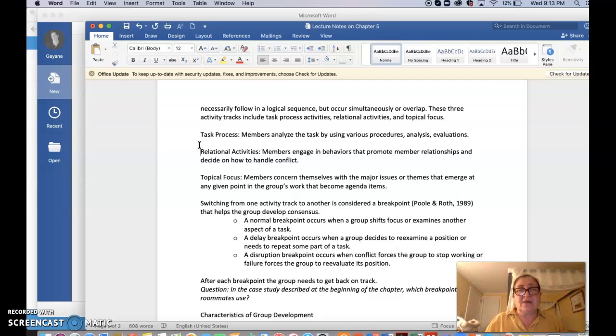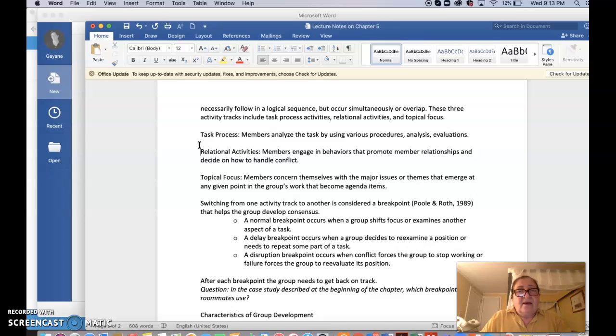So you may be dealing with procedures, analysis, brainstorming, but at the same time engaging in learning about each other, working together, developing relationships and cohesion. And at this time, how to handle conflict, those decisions could come up, let's say, again, sanctions or norms or procedures.